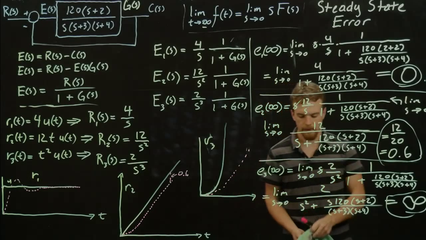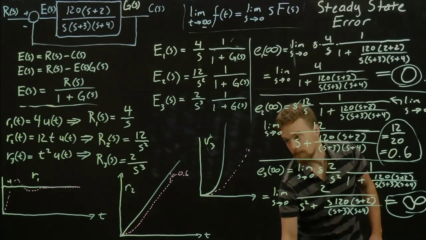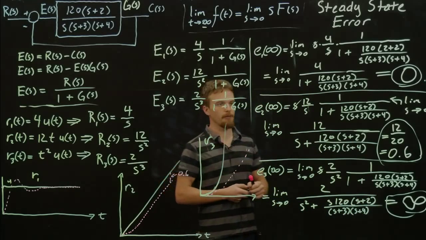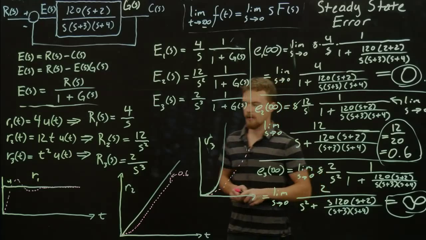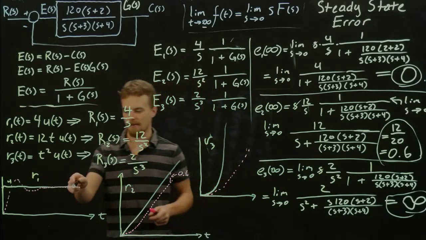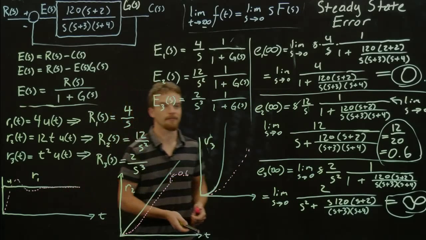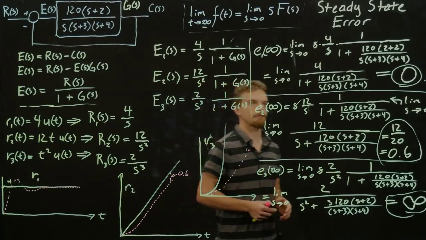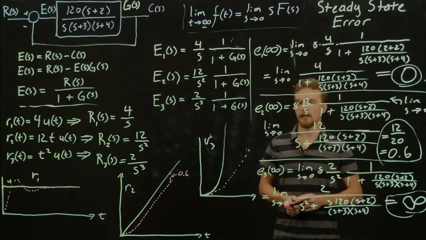So this is a pretty nice, or not nice, but interesting result. And let's try to backtrack through the problem just a little bit and see what resulted in this perfect tracking right here. So we had that in this term up here.